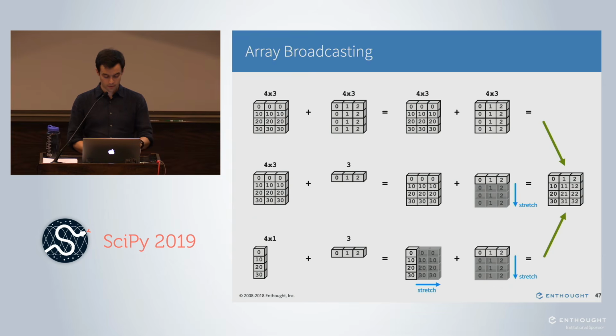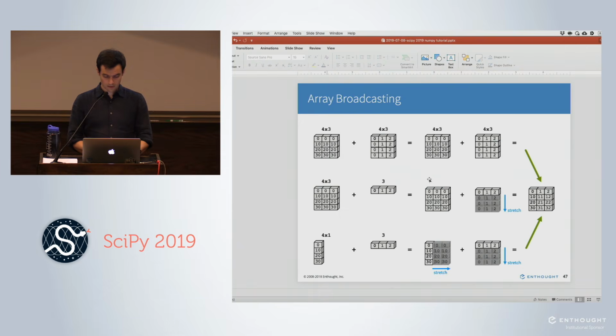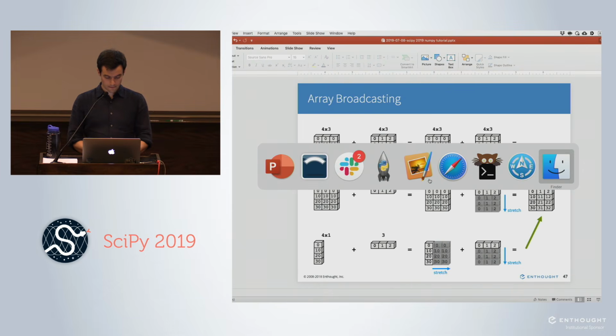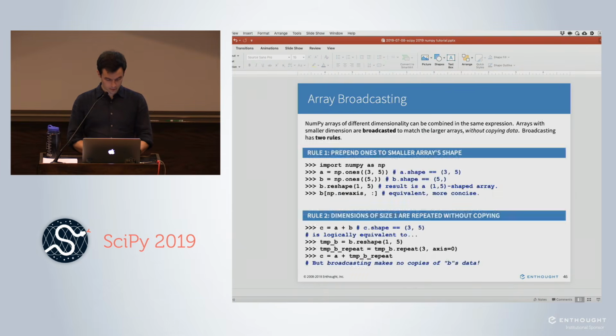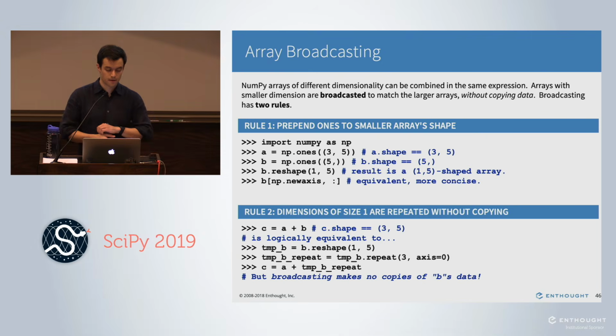The way to think about this is presented on the previous page, page 46, where there are two rules. Rule number one: given two arrays that have different shapes, is it possible for NumPy to prepend ones to the smaller array's shape?